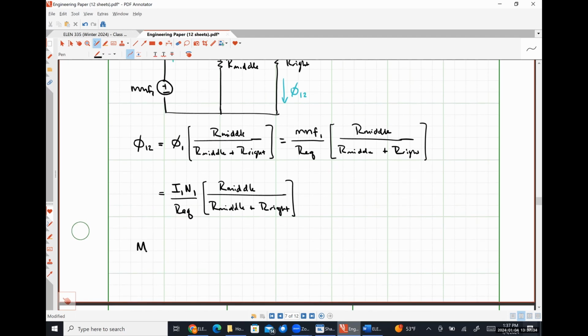Mutual inductance is going to be the flux linkage of coil 2 divided by the current flowing through coil 1. And the flux linkage of coil 2 is just going to be the number of turns in coil 2 times that flux that's passing through it.